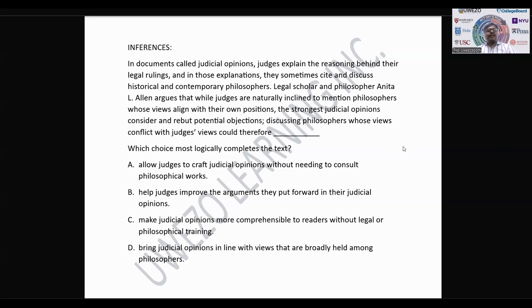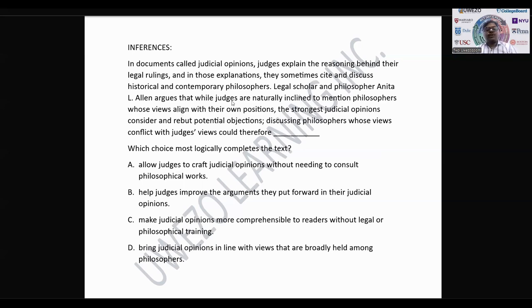And then the author suggests that if judges consider the rebuttal or try to identify objections to that argument, then those judgments can be considered good decisions.